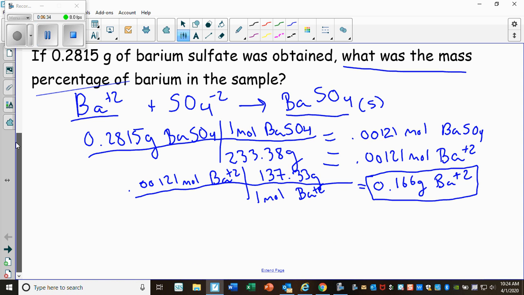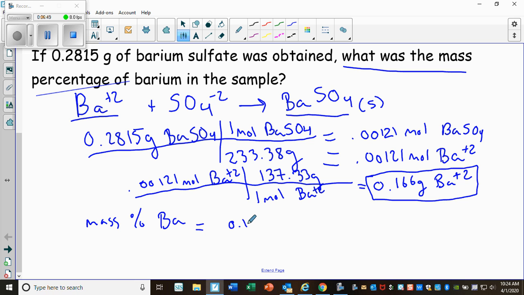So when we're looking at the mass percent of just barium, we have the amount of barium we know to be in the sample due to the stoichiometry there.